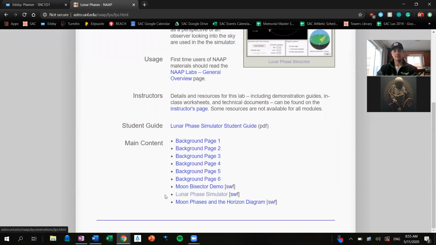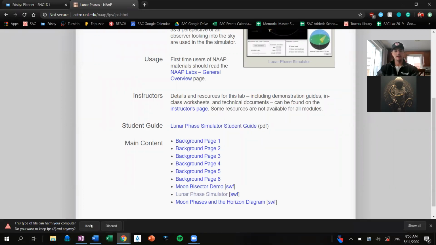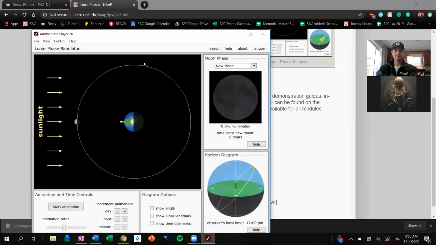It's the second one from the bottom. Click SWF, click Keep, and once the file loads, you're going to open it, and then you can put it in full screen if you like.